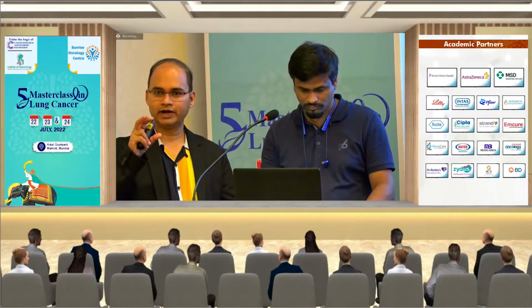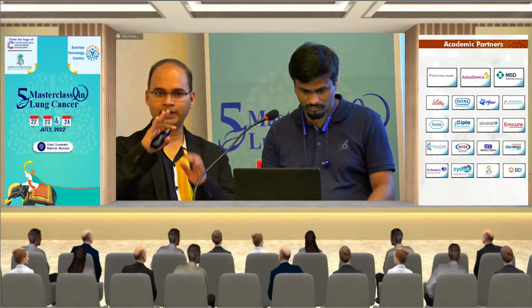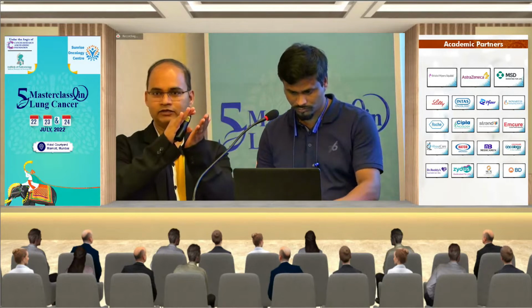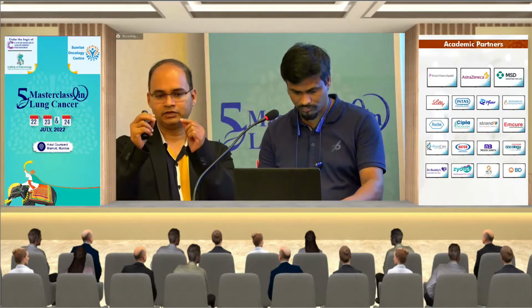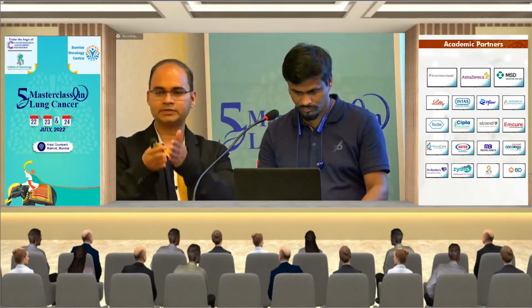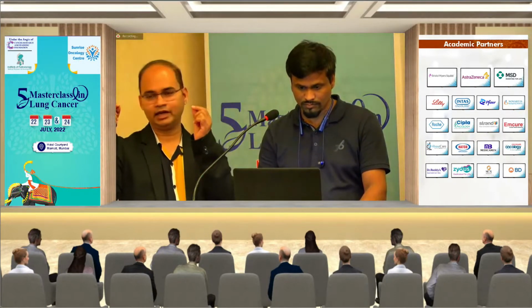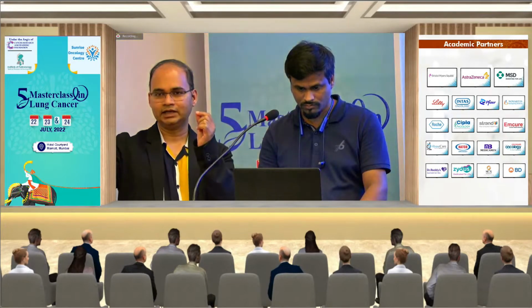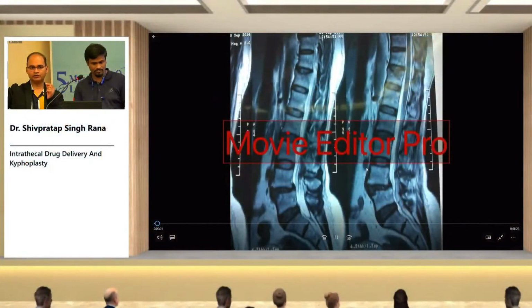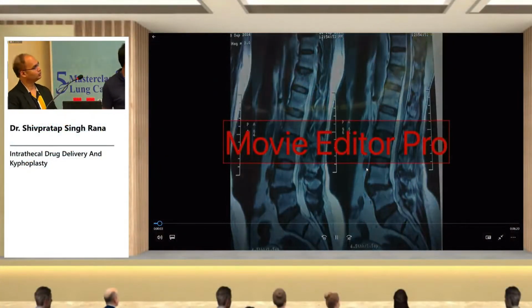Usually we try to square the vertebra by doing a caudal or cephalic tilt of the C-arm. And also the spinous process should be in the center. Then the area of injection for the local anesthetic is the superior lateral position of the pedicle.